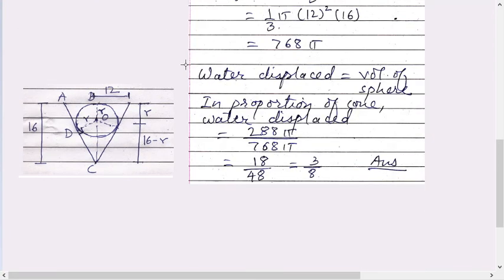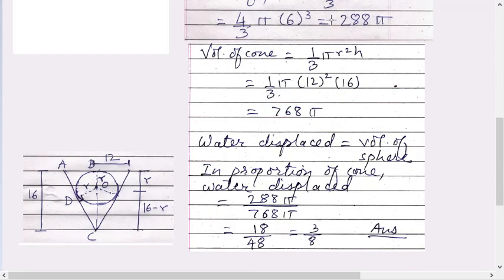So what is the water displaced? That is equal to the volume of the sphere. The volume of the sphere will be equal to the volume of the water displaced because density of water is considered as 1. So in proportion of the cone, water displaced equals, now we have to find the ratio of the sphere and the cone. So 288 upon 768, pi goes, so 18 upon 48 and 3 upon 8.